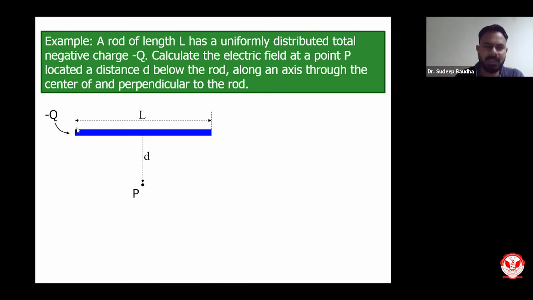You can see I have a rod whose length is L, minus q is the charge of the rod, and I have a point P at a distance d. Now we have to calculate the electric field generated by the rod whose length is L and charge is minus q, and the amount of electric field which is felt at point P. And I have shown you in the geometry, right?